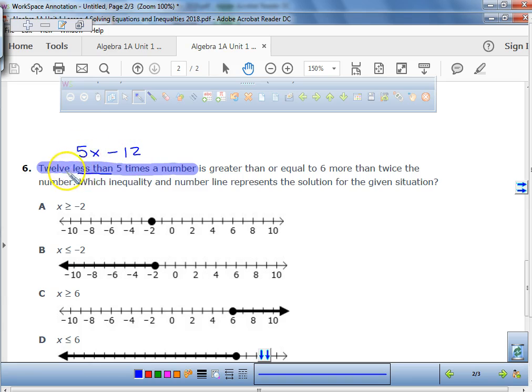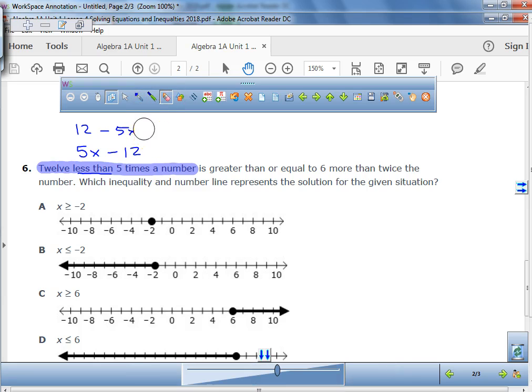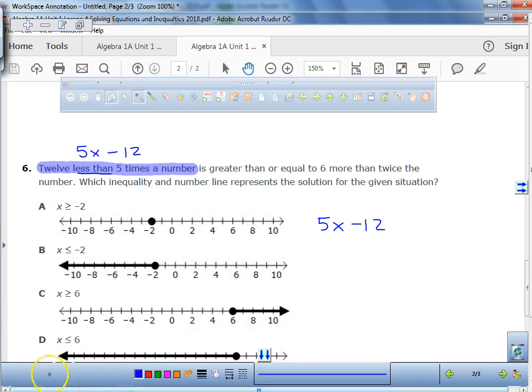If it would have said 12 less 5 times the number, then it would be 12 less 5 times the number. But it doesn't say less, it says what? Less than. So we're going to write 5x minus 12, which means 12 less than 5 times the number.